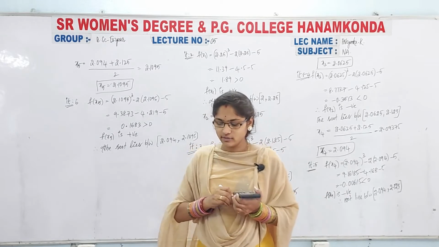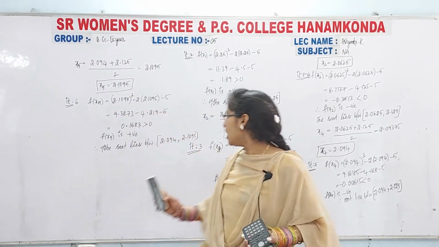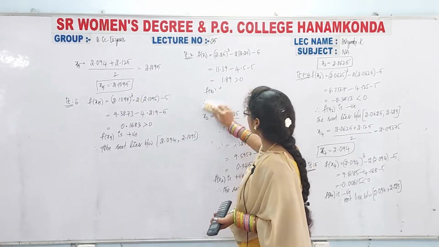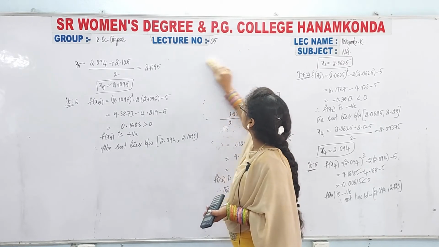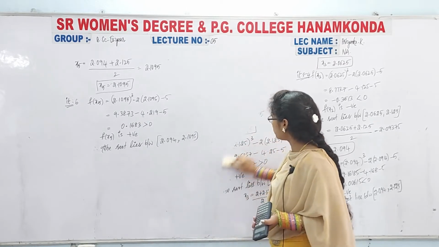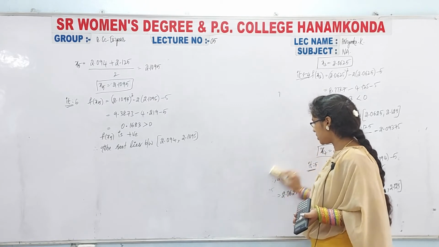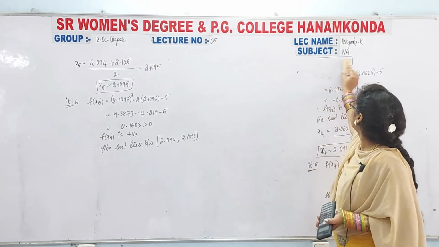Okay, so next again what we have to do, we have to calculate the next value, that is x6. And if we get the x6 value similar to x5, then we can stop the procedure, otherwise we have to proceed.